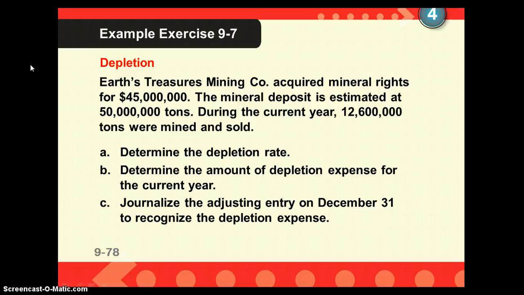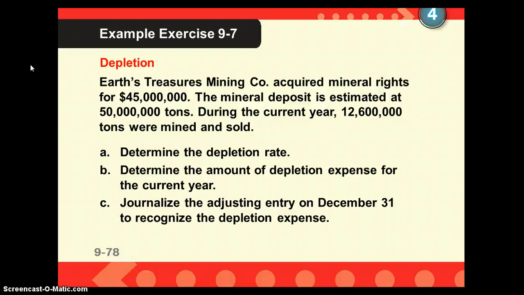Let's take a look at an example. Earth Treasures Mining Company acquired mineral rights for $45 million. The mineral deposit is estimated at 50,000 tons. During the current year, 12,600,000 tons were mined and sold. If you need to review the last couple slides to look at how we calculated depletion and the steps, flip back and review.